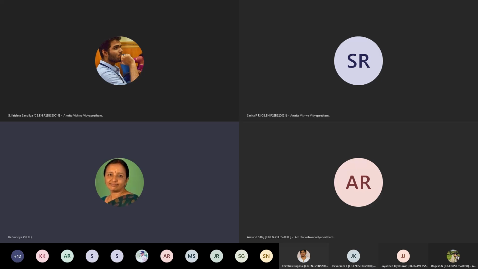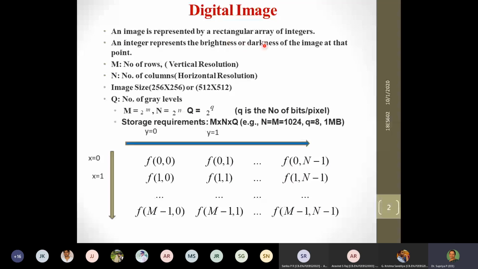of integers. The integer represents the brightness or darkness of the image at that point. You could see that here we start from x equal to 0, 1, 2, 3, so on up to m minus 1. Similarly, for y, we could start from 0, 1, 2, so on up to n.